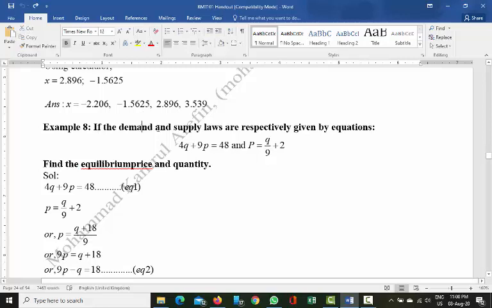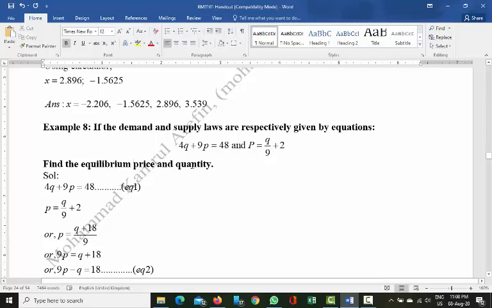If the demand and supply laws are respectively given by equations, that means the first one is the demand equation and the second one is the supply equation. So find the equilibrium price and quantity. The question is asking to find the equilibrium price and quantity.